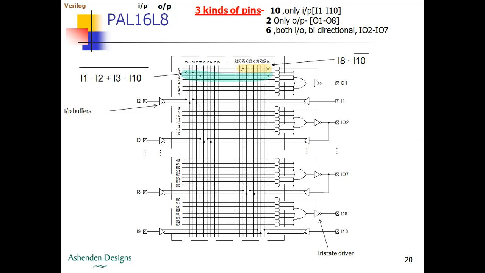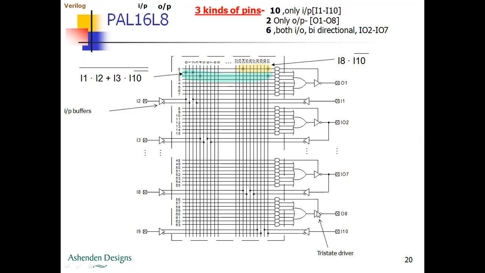If the control signal is active, then for any tri-state buffer, the buffer will produce the output, that is the output of the OR gate. So the output of the OR gate will be available if and only if the control line is activated. Similarly, if the control line is not activated, the output will be in Z, the high impedance state.